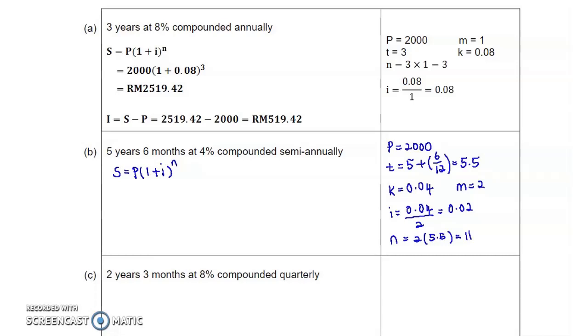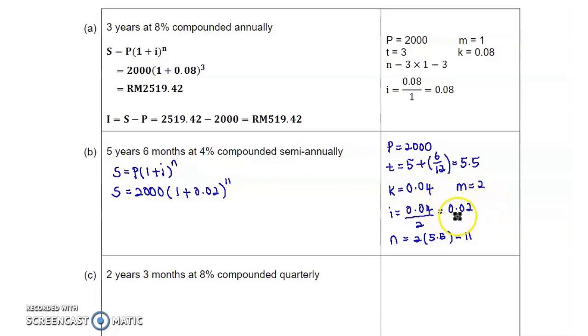Now you substitute the values into the formula. So S equal to 2000 multiplied by (1 + i), with i just now 0.02 and n equal to 11. K is the rate for 1 year. Since the interest period is semi-annually, the interest period is 6 months, so the rate for every 6 months is 2%.